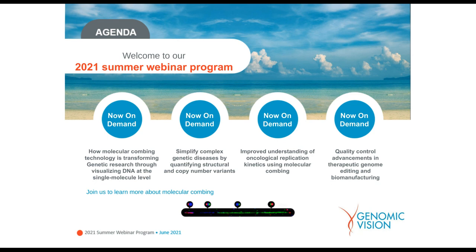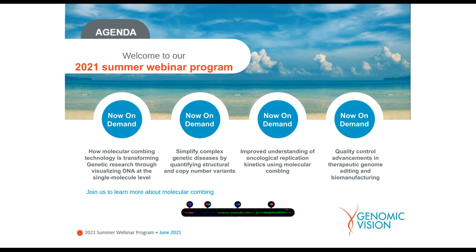Thanks. Yes, we do provide services, and these services are tailored to your needs. We have 4 types of services. We have the full end-to-end service solution. You send us your samples, we do the molecular combing, the hybridization, the scanning, and the analysis of the data, and then we send you a full report.